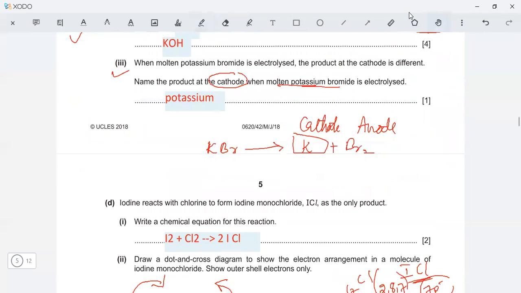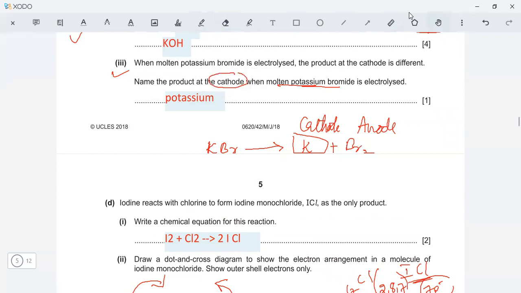Okay, third one. When molten potassium bromide is electrolyzed, name the product at the cathode. It is very simple. When there is a dilute or concentrated solution of a compound, you will think about the water.